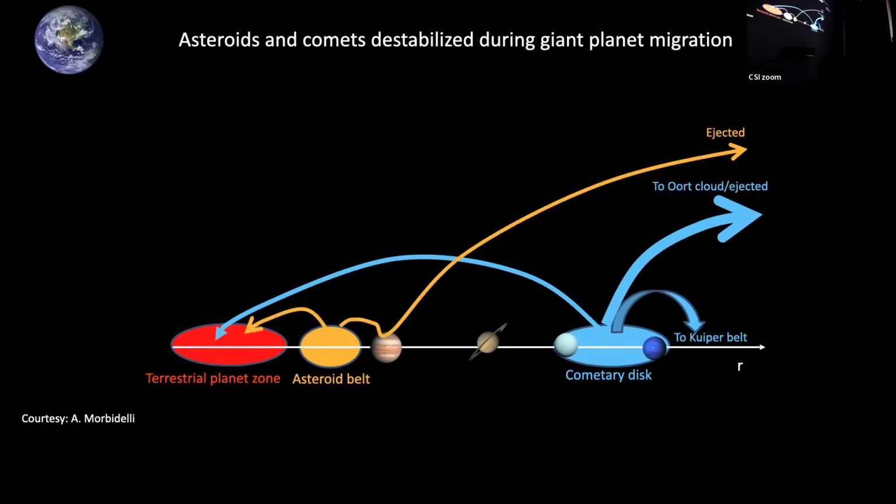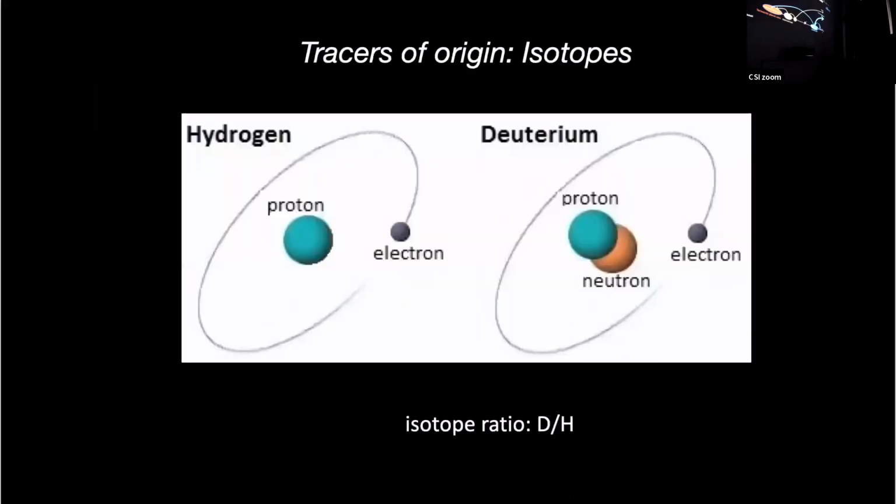They've been moving, and doing so, they perturbed the cometary disk, sending cometary bodies to the Oort cloud or the Kuiper belt, but also perturbing the asteroid belt and favoring the sending of planetesimals and asteroids towards the terrestrial planet zone, which helped, in fact, to build planets.